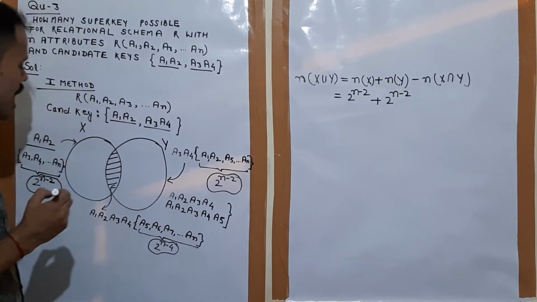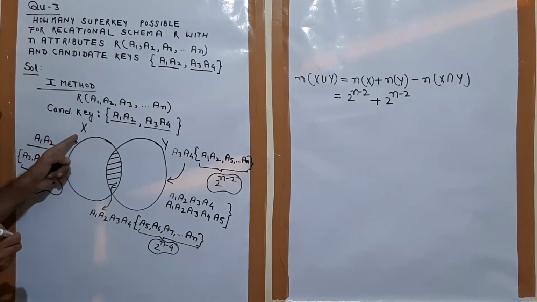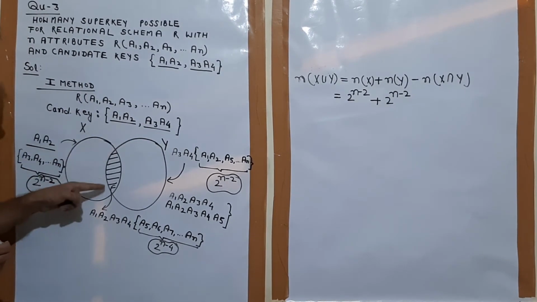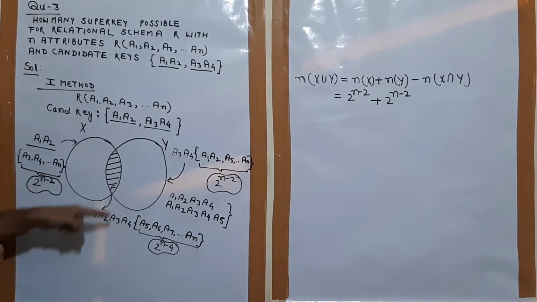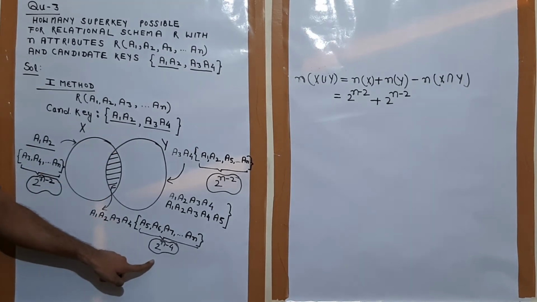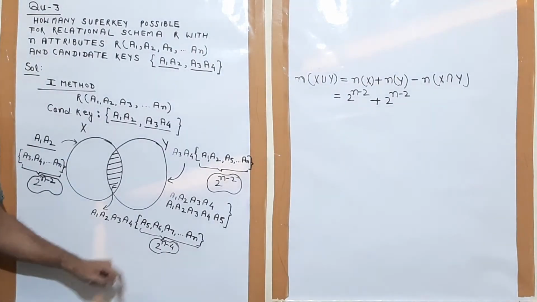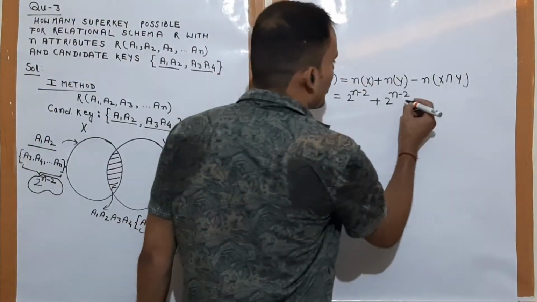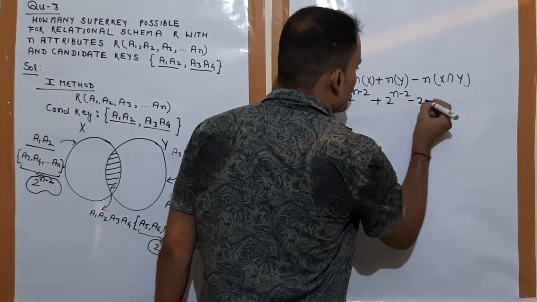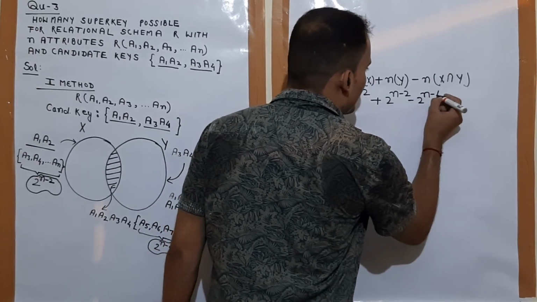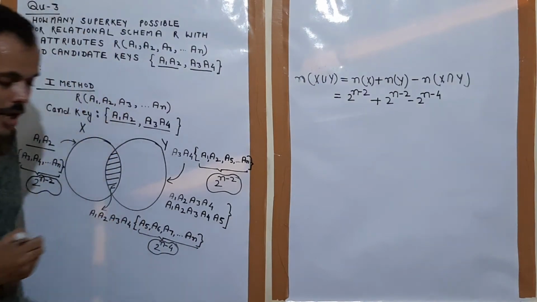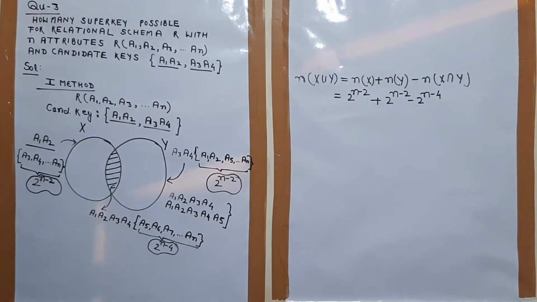Now the number of elements in X intersection Y, this is the region X intersection Y, is 2 to the power n minus 4, so minus 2 to the power n minus 4.